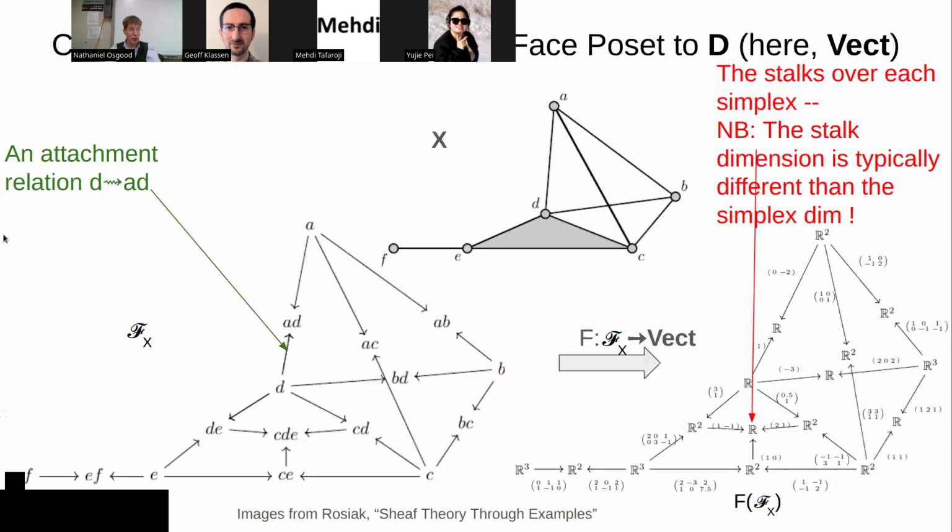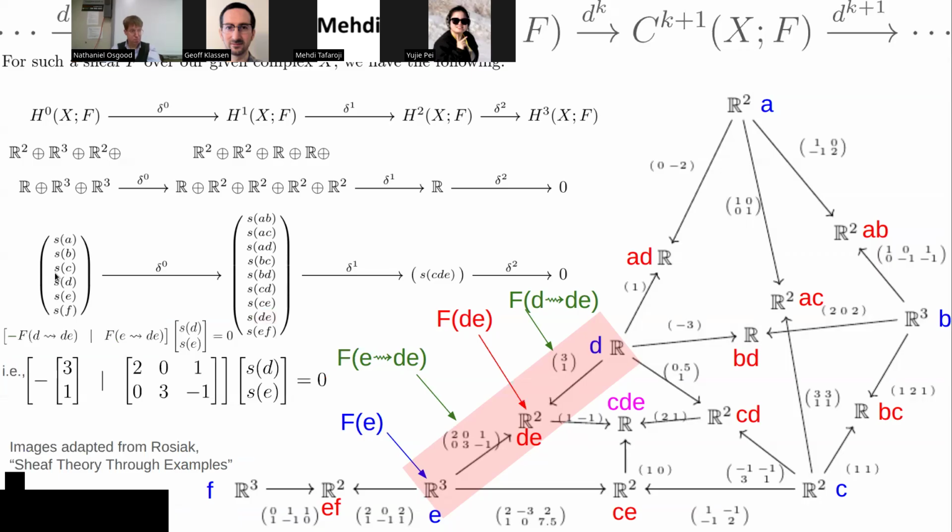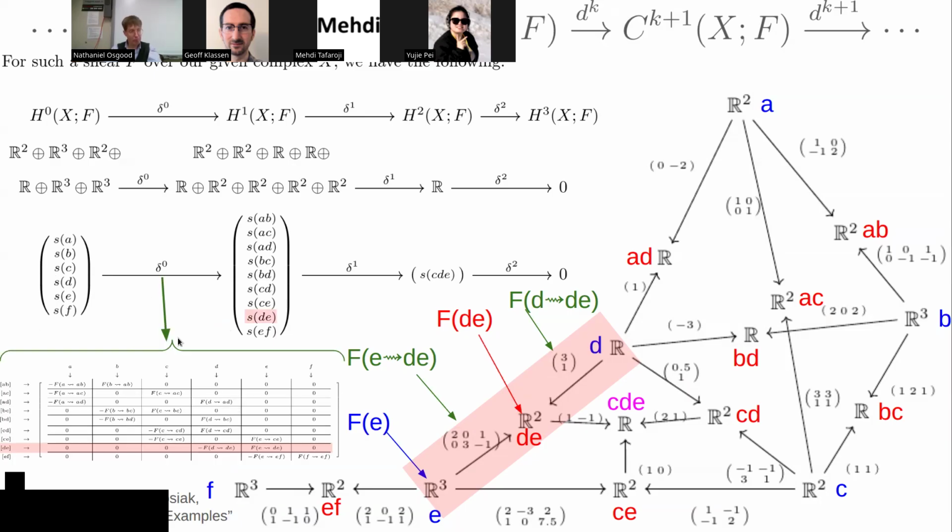It is precisely the 0th cohomology group. It's given by the 0th cohomology group for this. It's given by the kernel of this matrix. That will give a consistent picture for all of these things.